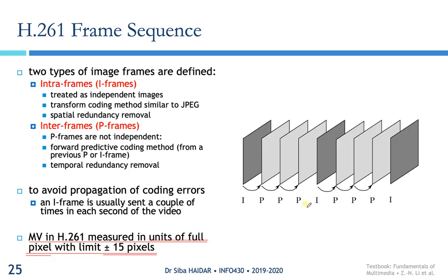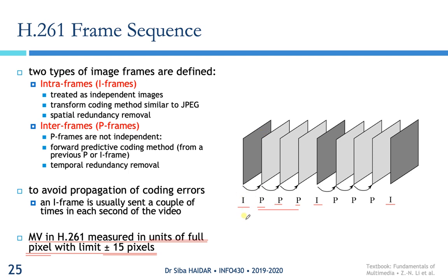Now this is the image that represents the frame sequence. As you can see, you have an iframe. These iframes are coded just like in JPEG. We don't code the relationship between the frame and the next one or the previous one. And then you have in between the P frames. The P frames are coded relative to each other. For example, this P frame was not coded independently, it was coded relative to the I frame.